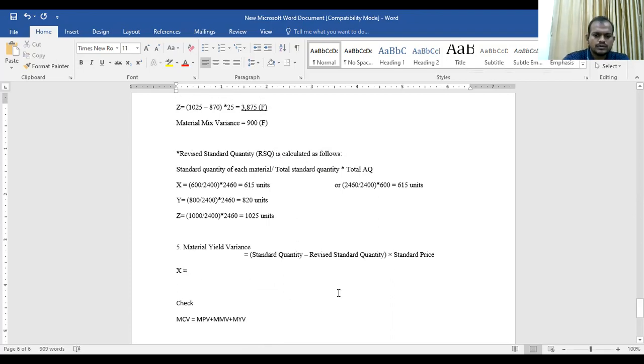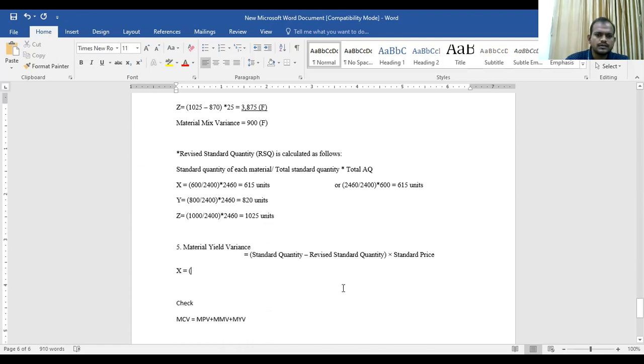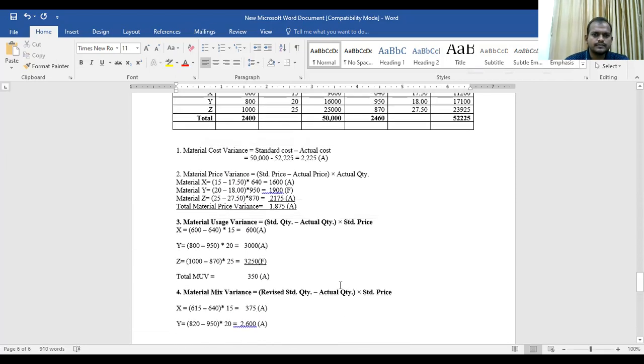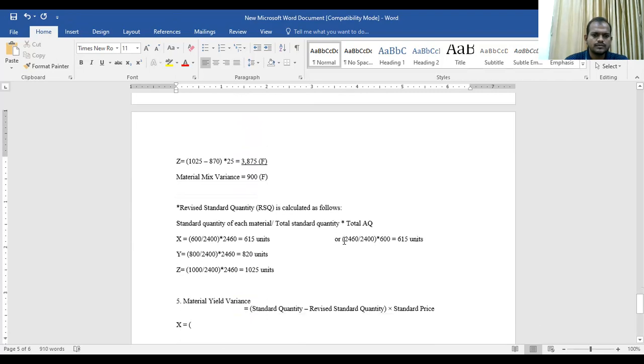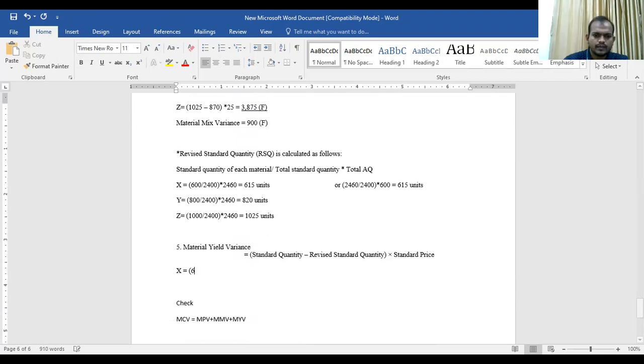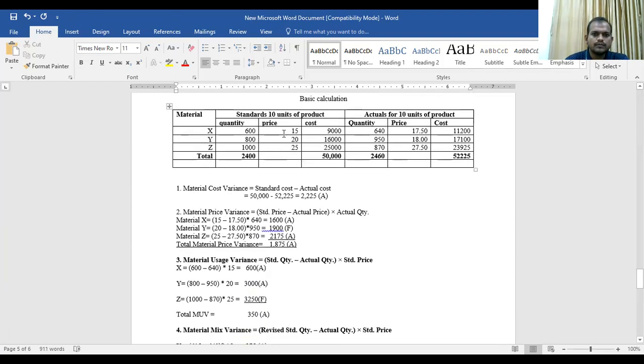So the standard quantity of X is 600, minus revised standard quantity 615, into standard price 15.